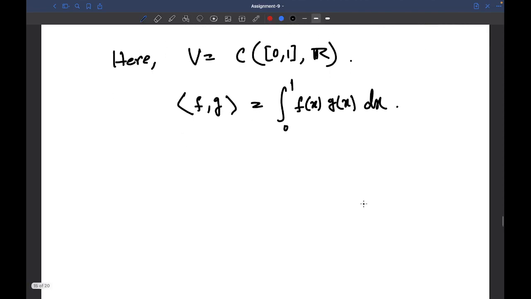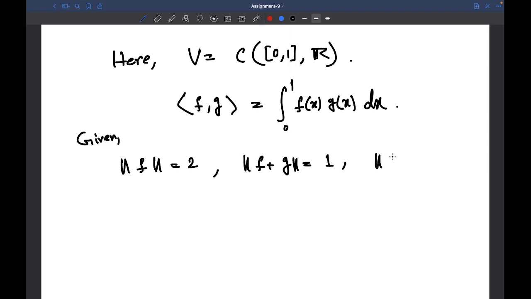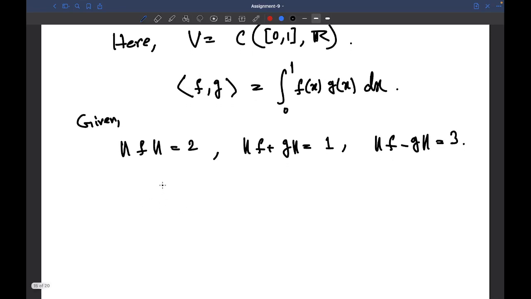Now, what is given? Norm f is 2. Norm f plus g is given to be 1. And norm f minus g is given to be 3. So we need to find norm g.